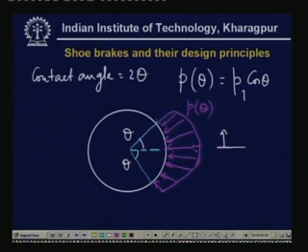Now obviously the total force F is equal to the summation of all the forces. Force is a vector, so we have to take the vector summation. If you consider a small force, this is the pressure.